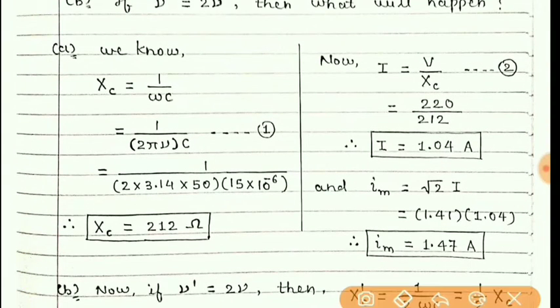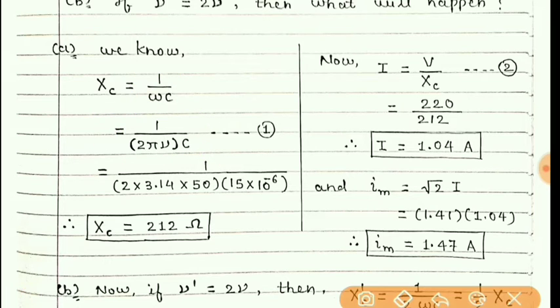Students, we know that capacitive reactance Xc is 1 upon omega C. We have obtained this formula in the theory part. But what is omega? Omega is 2 pi nu, C as it is.